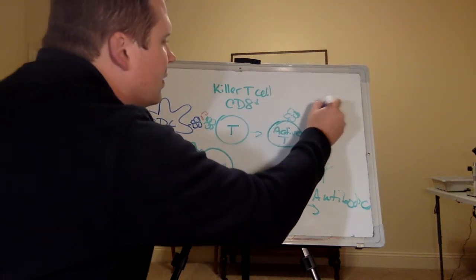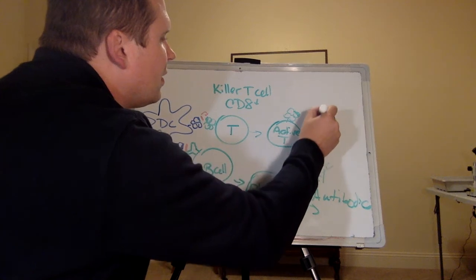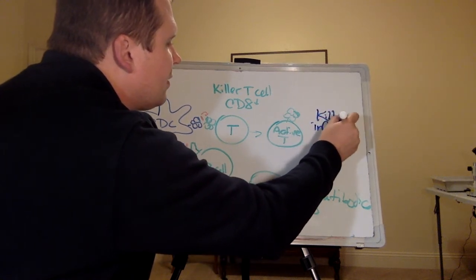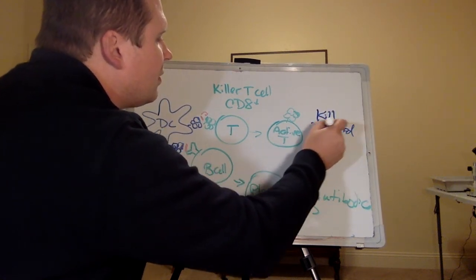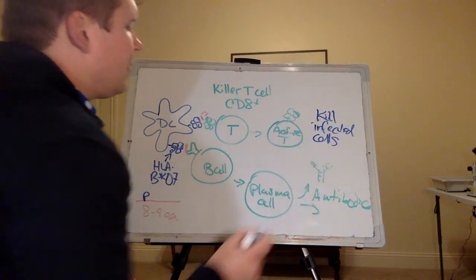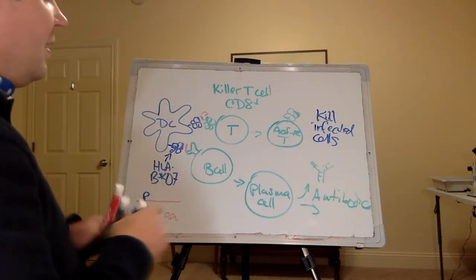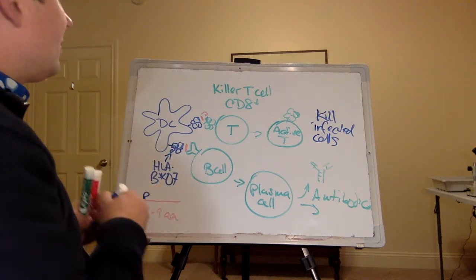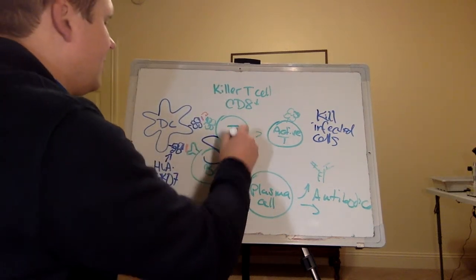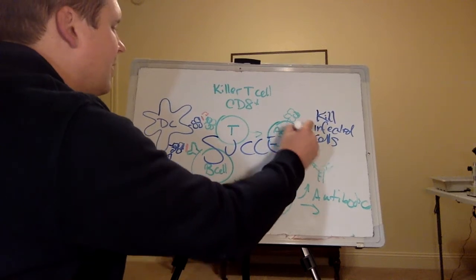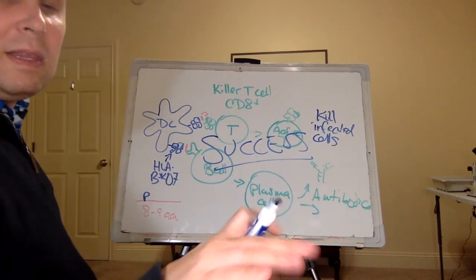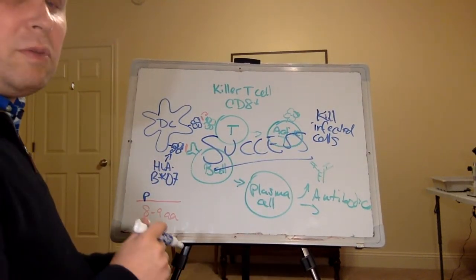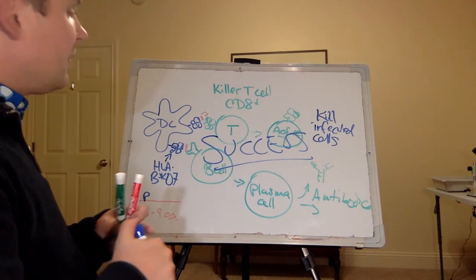So, kill infected cells. Yeah, there we go. Great. And if these things happen, this is success. And you will probably live. That is what a good immune response looks like.